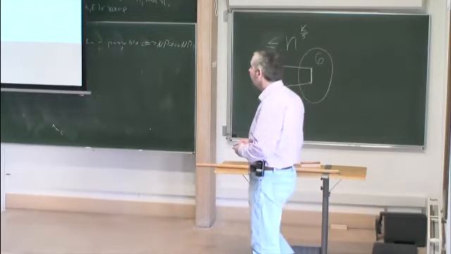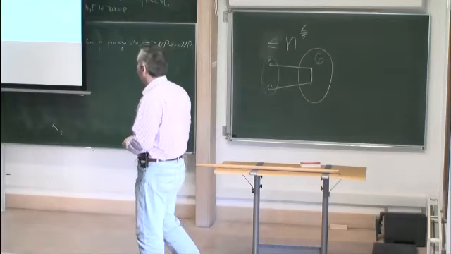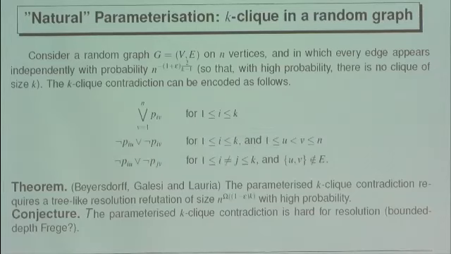Well, an obvious conjecture or an open question is whether you can extend this result to resolution or even bounded depth Frege. And the reason I believe you could extend it is because this k-clique is not FPT bounded. It is complete for W2 or W1, I don't quite remember, but in any case it's not FPT bounded.